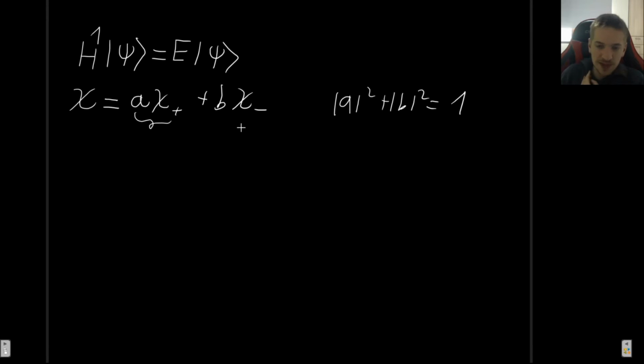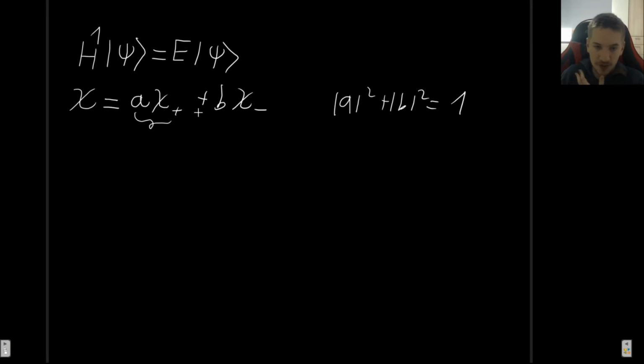Well, since the only two possibilities for spin are up or down, the most general state that we can have is a linear superposition of both of these possibilities. So first we have some amplitude A plus some amplitude B, both of them multiplying the up spinor and the down spinor, and of course A squared plus B squared has to be equal to 1, since it either has to be up or down.